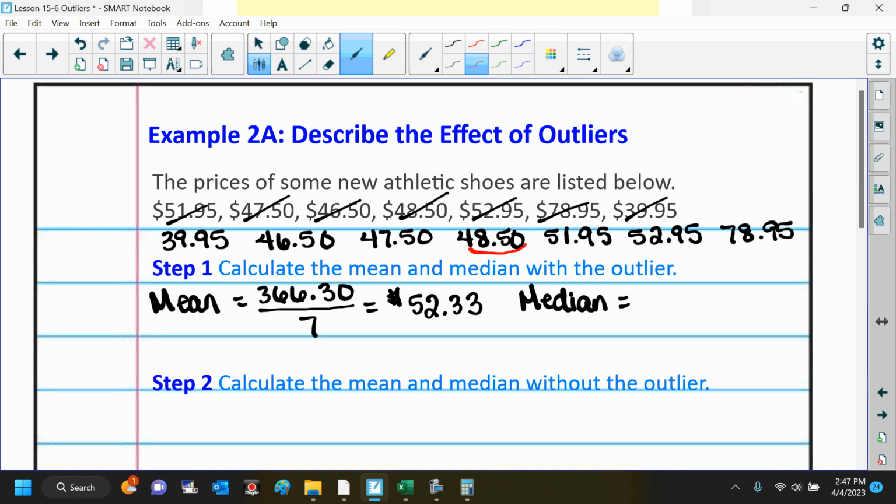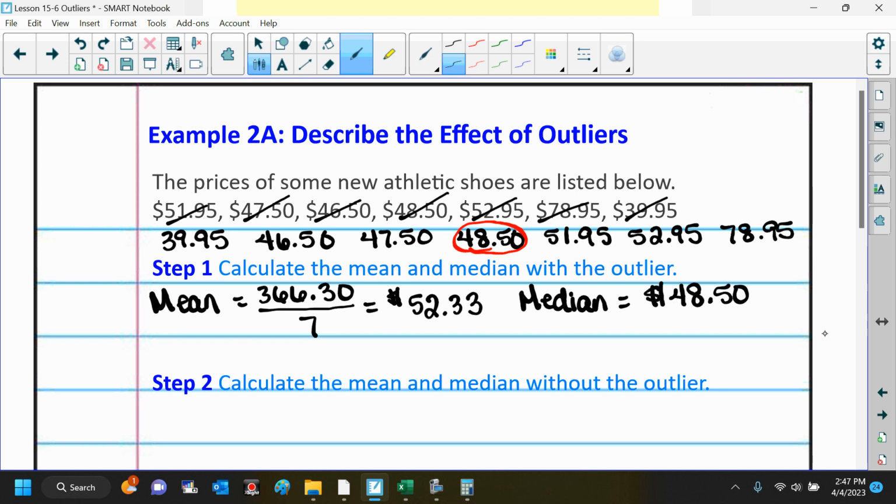There's my middle number. Okay? So I'm going to take that one out. Oh, wait, no. That's the middle number, $48.50. $48.50. There's our median. Okay?